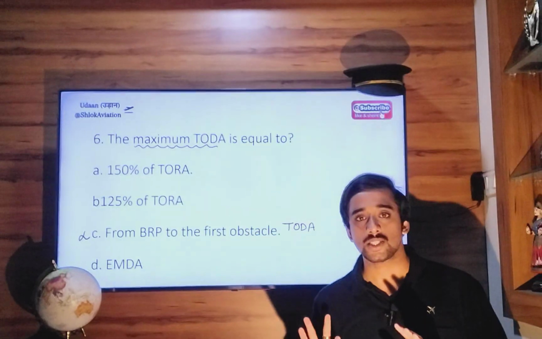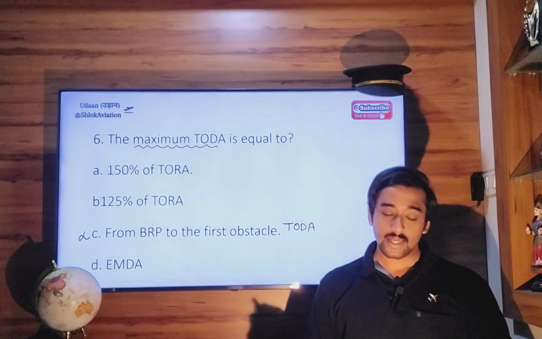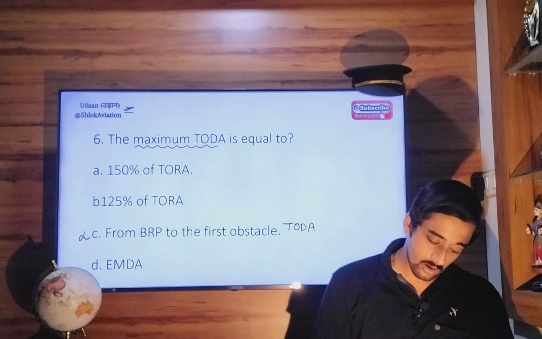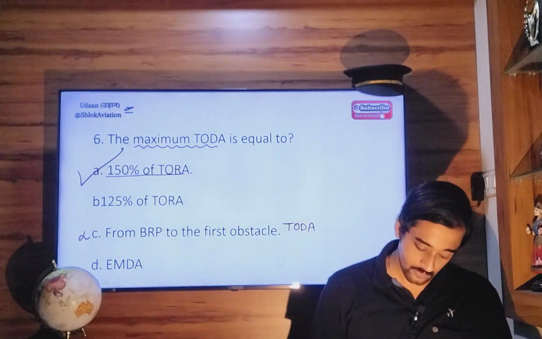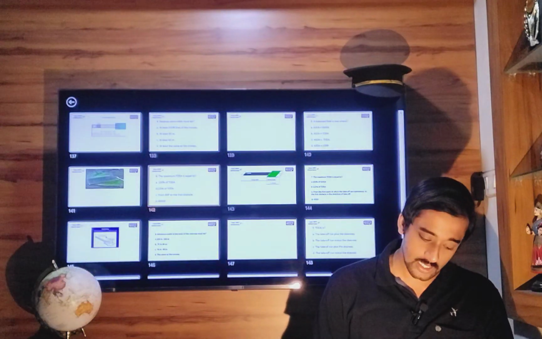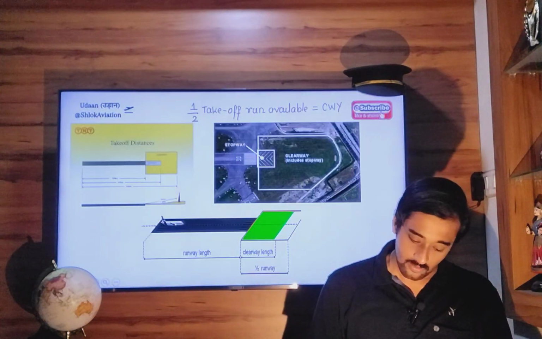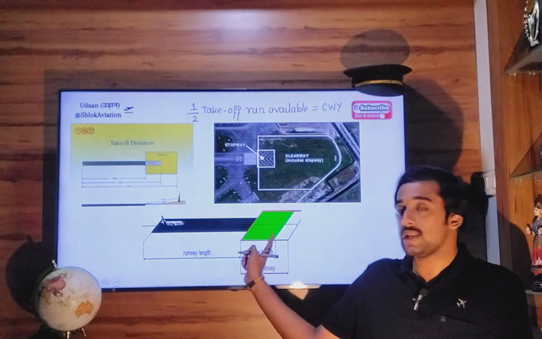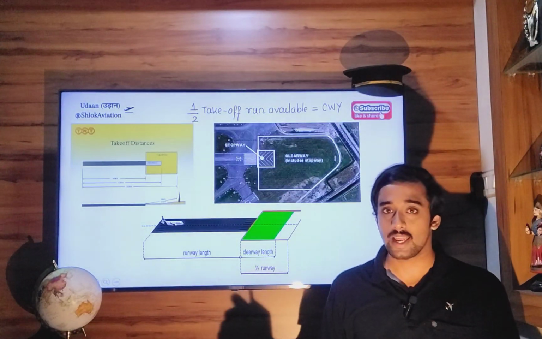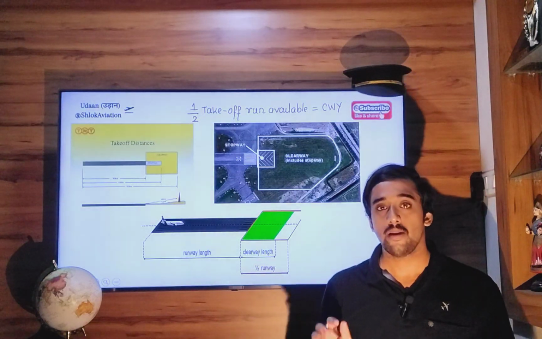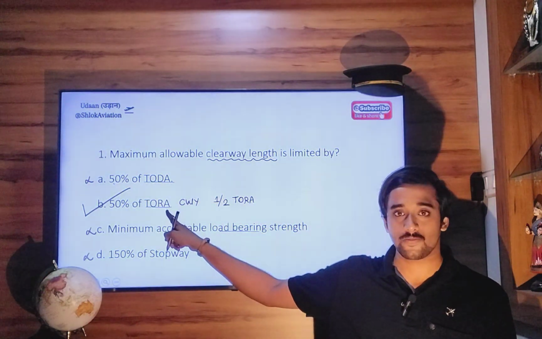Just the takeoff distance available, not maximum takeoff distance available. Maximum takeoff distance available will be equal to 150% of takeoff run available. How? Now we saw this in one of the previous questions, where we saw that the maximum length of clearway cannot exceed 50% of runway length, right? It should be maximum length is 50% of takeoff run or the runway length.